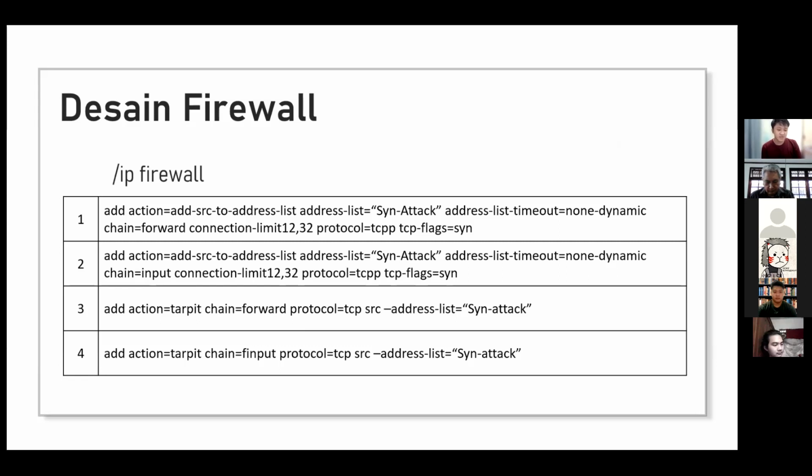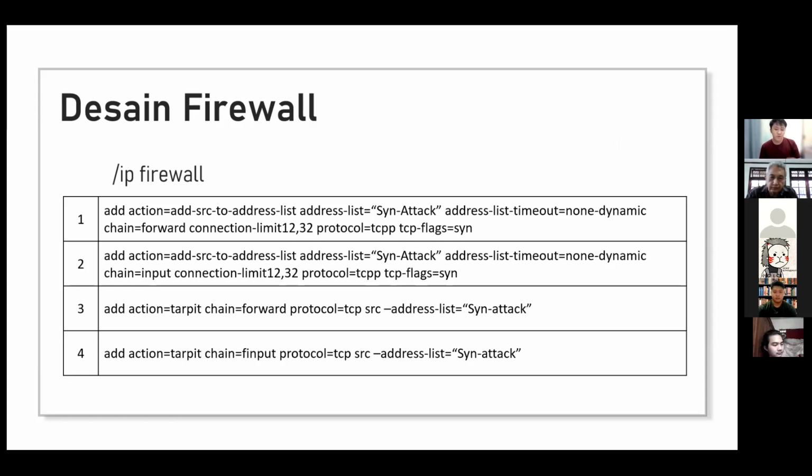The address list timeout is none, so it will last forever. The chain is forward. The connection limit is 12, so the maximum connection limit is 12. The protocol is TCP, and I also activate the TCP flag Syn.